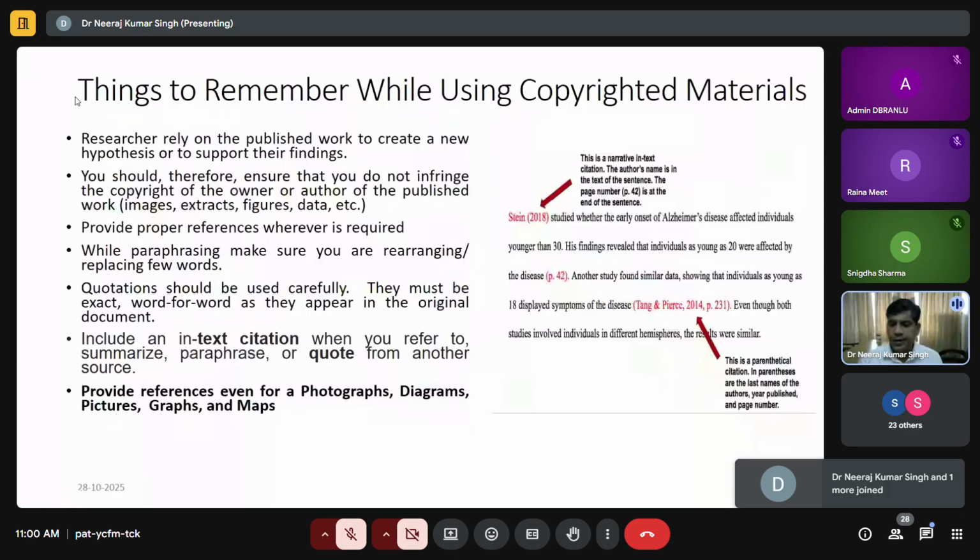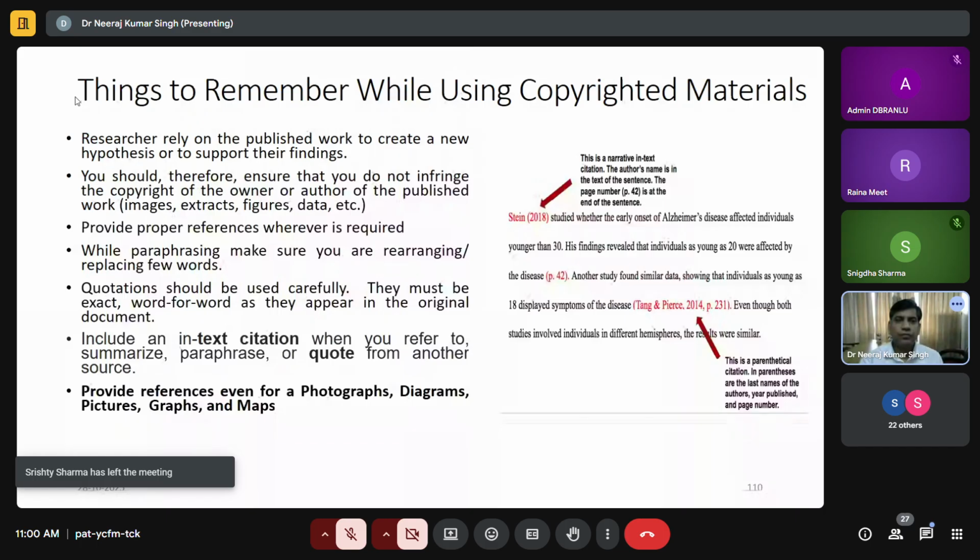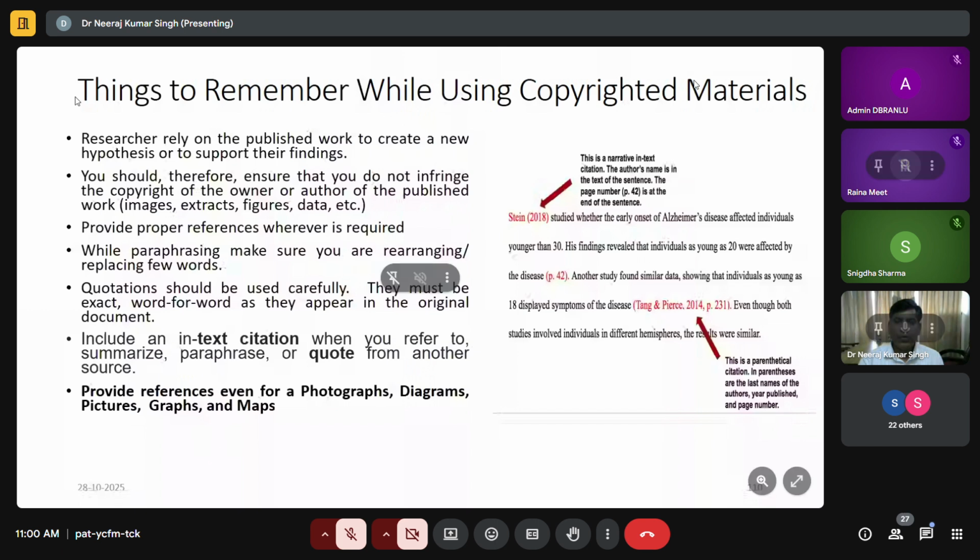Is this PPT coming on the screen? Yes, please confirm. Yes, the screen is visible.